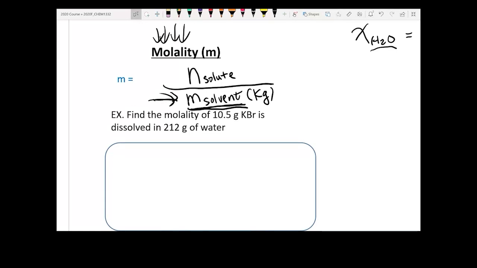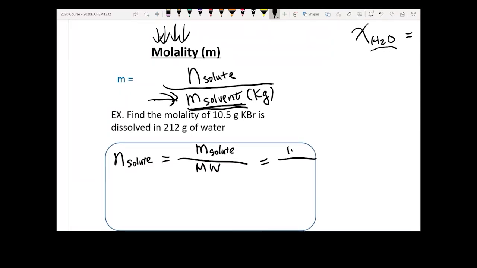Here is an example. Find the molality of 10.5 grams of KBr dissolved in 212 grams of water. Based on the definition, you want the number of moles of your solute, which is the mass divided by the molecular weight of your solute.